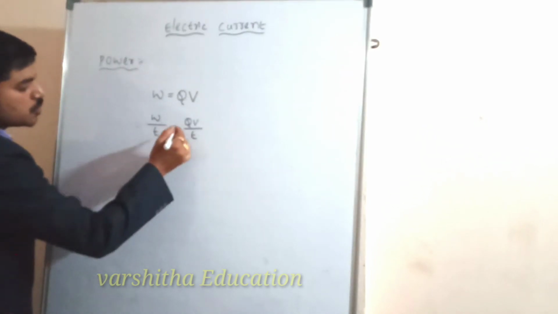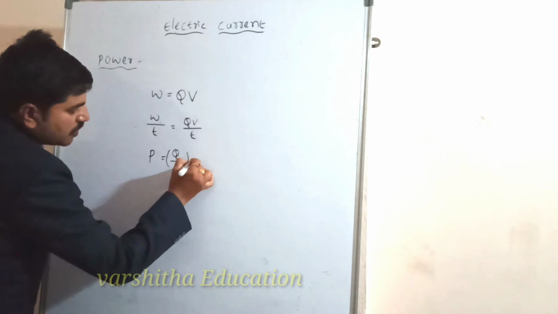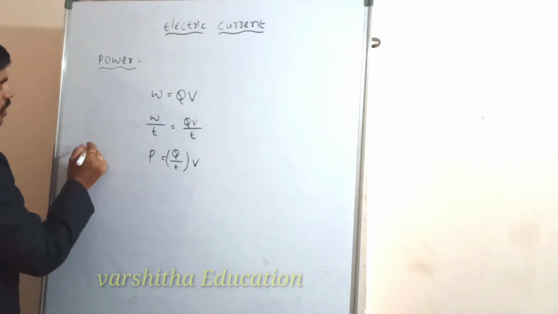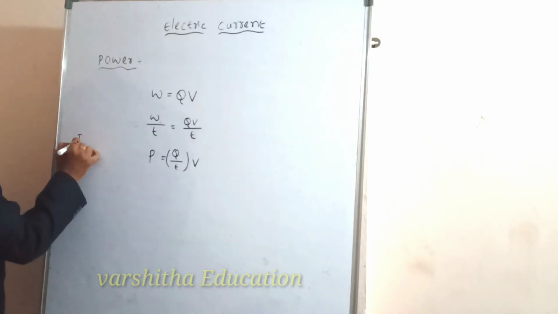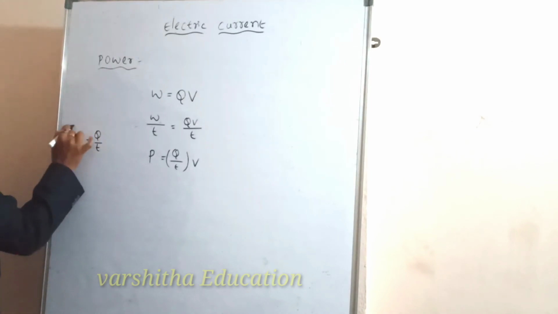Now we know that Q by T has a special formula. Q by T is nothing but electric current, I is equal to Q by T. So we already know this one.